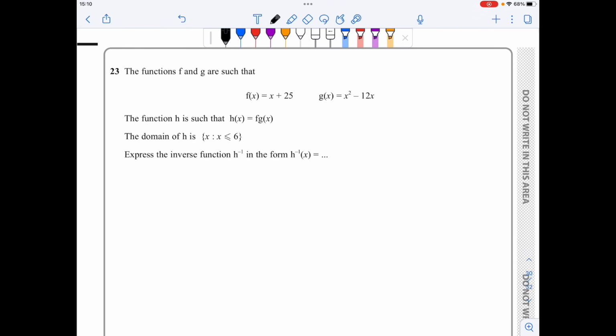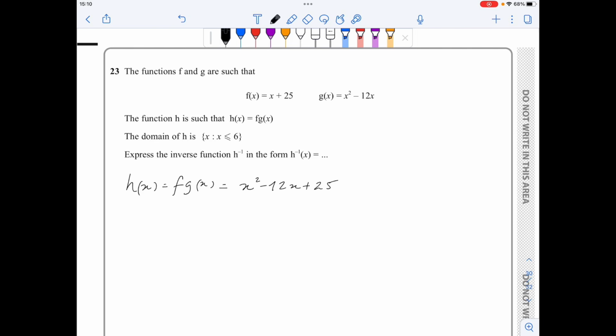For question 23, I'll start by finding the composite function fg of x. I will take the function g and use it as an input in function f. So this will give me x squared minus 12x and then plus 25.